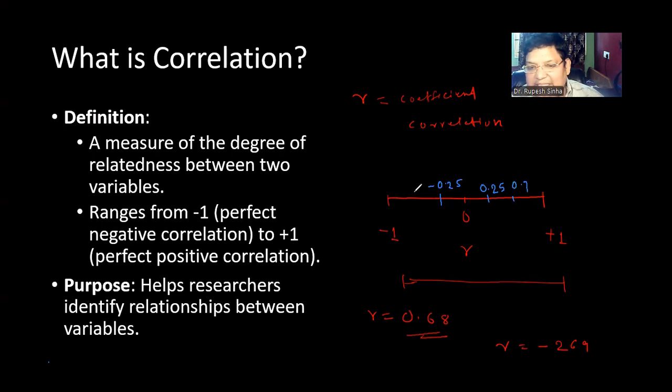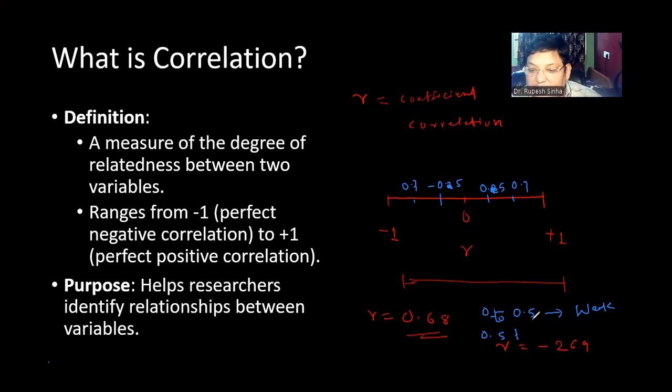Let me make this 0.5. This is also 0.5, not 0.25. So if your value is 0 till 0.5, positive or negative, whatever you are getting, it is known as weak correlation. 0 to 0.5 is weak correlation.